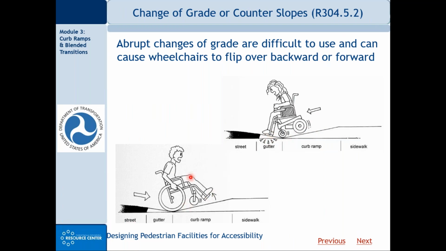Here in the lower left, we're showing that sharp change of grade could cause the chair to actually flip over backwards. And I think you saw in the video the struggles that Marilyn had trying to negotiate. Even though her chair didn't tip over or bottom out, she still had to really struggle to negotiate that change of grade.